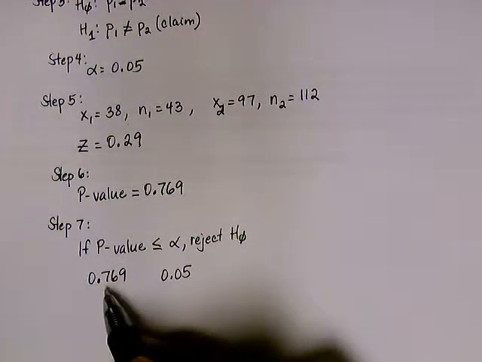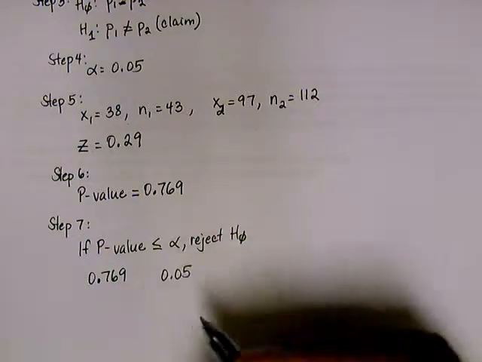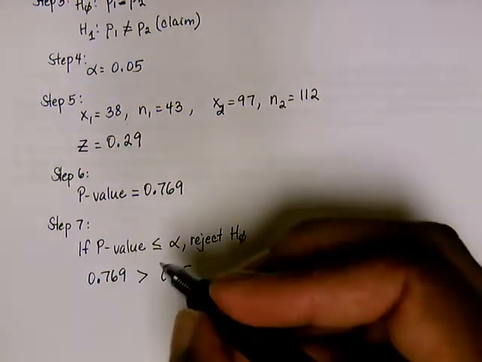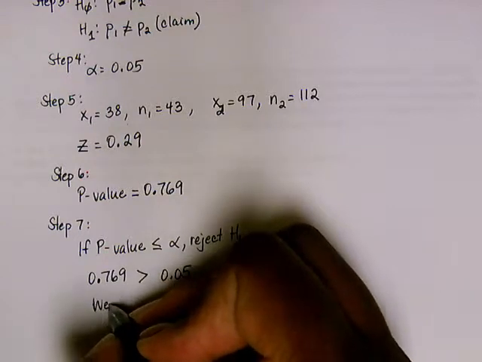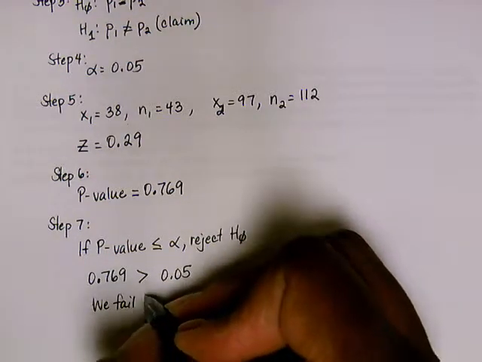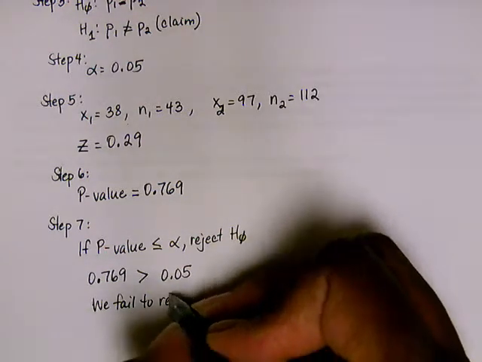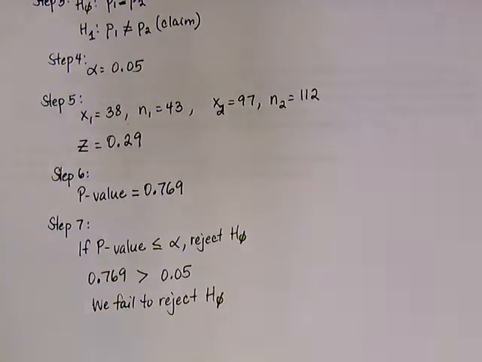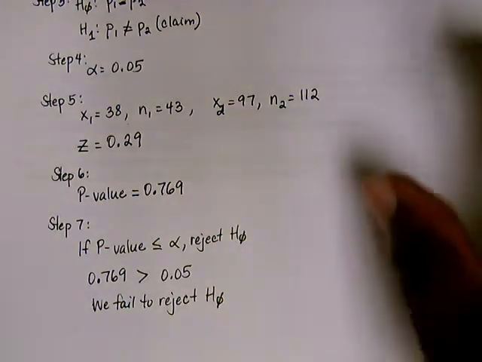If you compare these two values, the p-value 0.769 is greater than 0.05. So here we have a high p-value, so the null must fly. So in this case, we must fail to reject the null hypothesis.